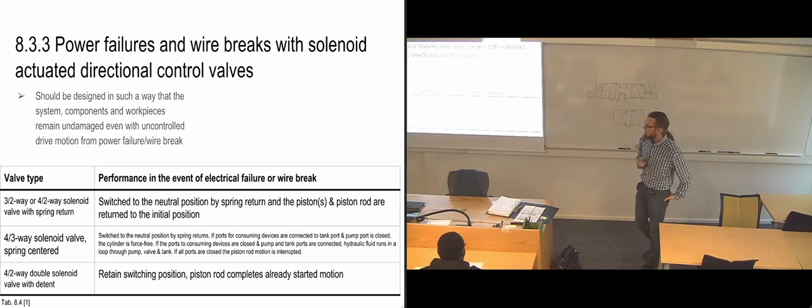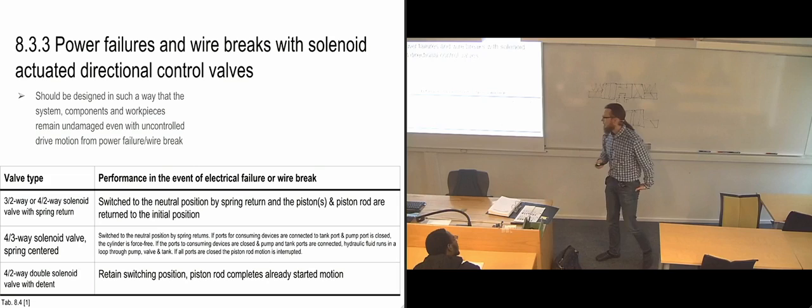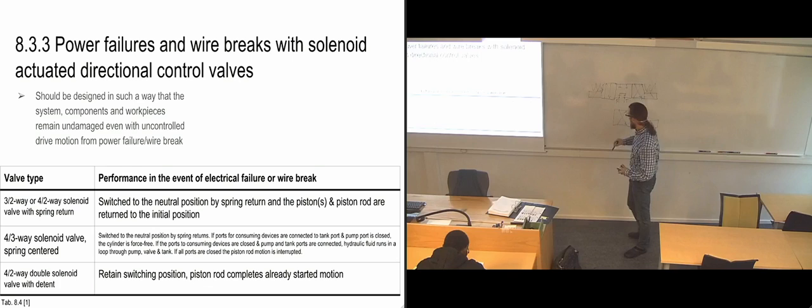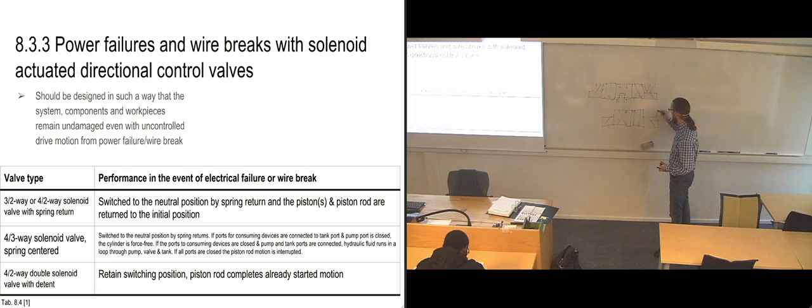And then you have a 4-2 way double solenoid valve. So we're back to 2 switching positions, and now it's a double solenoid, and it has a detent. Maybe have a bit more room between them.